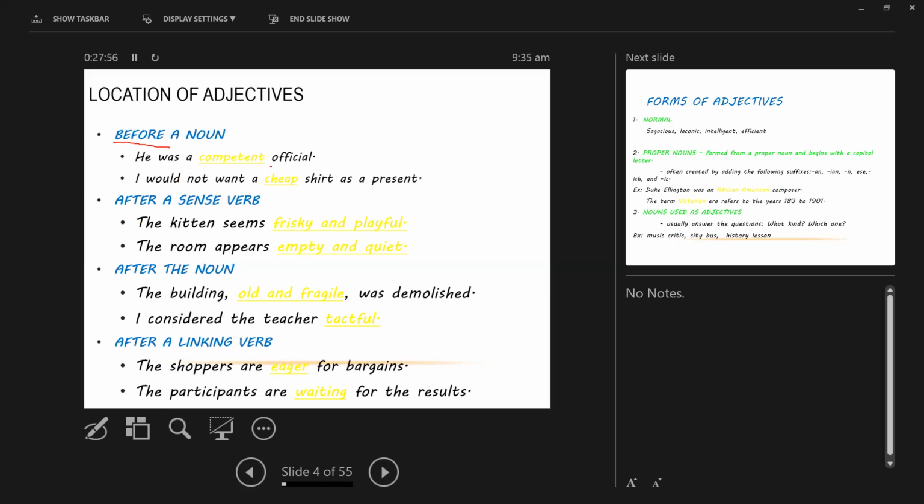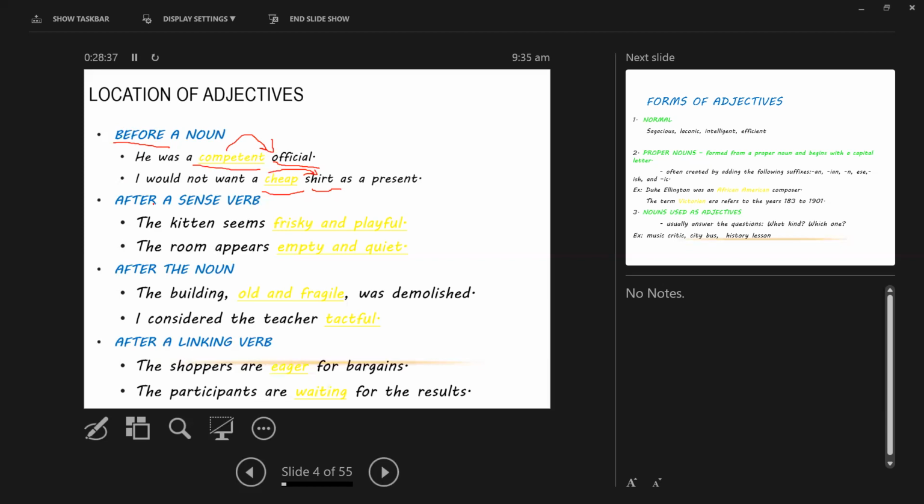As you can tell, official is the subject, and the word competent modifies the word official. Okay? He was a competent official. So there we have the adjective located before the noun. Another example is, I would not want a cheap shirt as a present. Again, the noun is shirt and the adjective is cheap, and it modifies and describes the shirt.